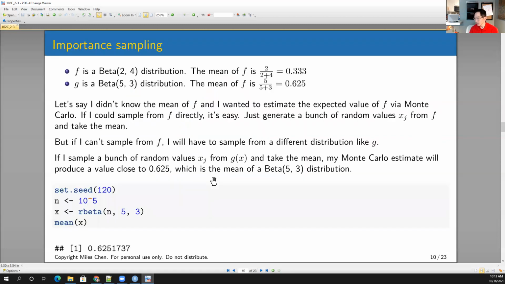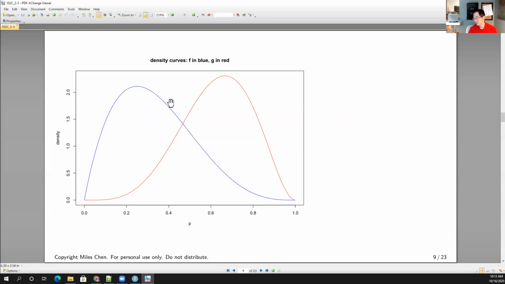If f is a beta 2,4 distribution, the mean of f is going to be 0.333, and if g is a beta 5,3 distribution, the mean of g is going to be 0.625. That's reflected in these two pictures.